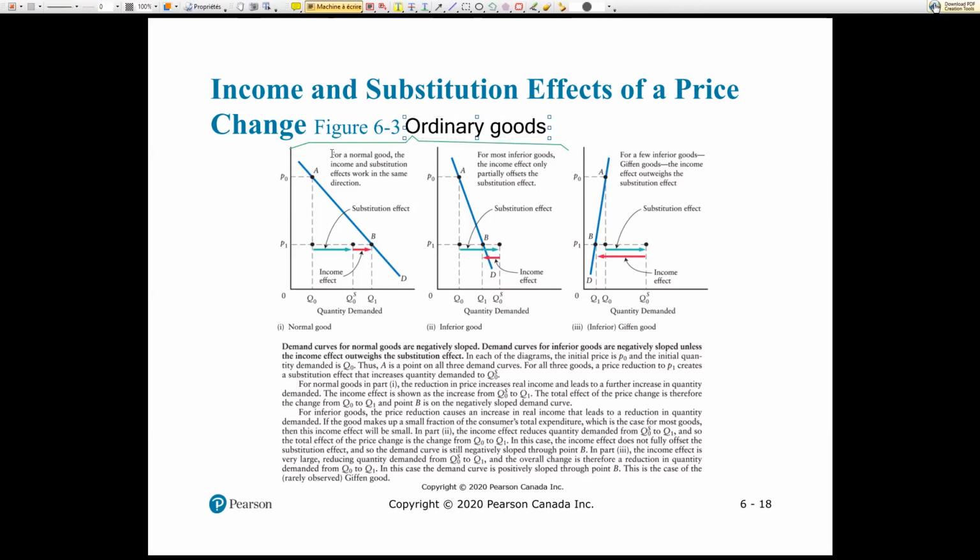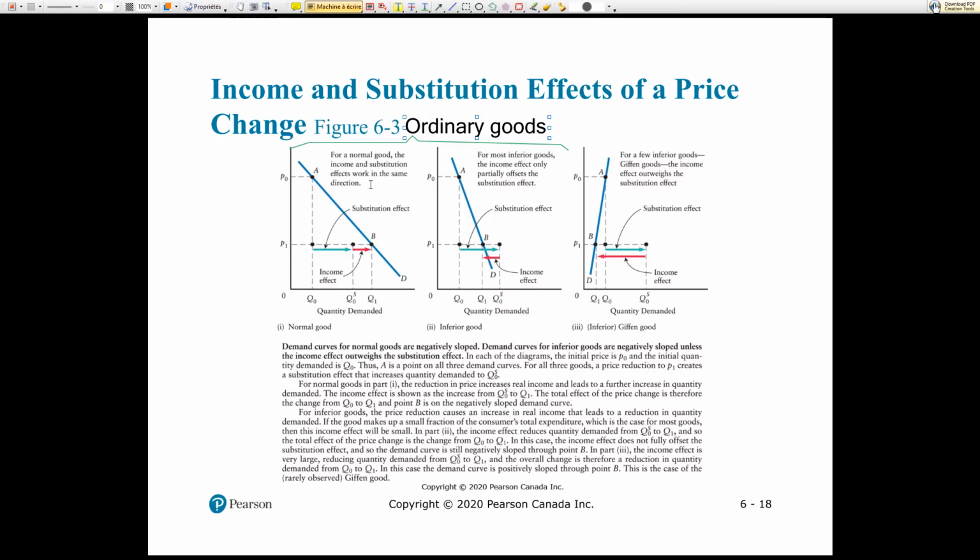Why? Because the demand curve is negative. So when the price goes down, people consume more. Here, though, I have a normal good, because when the price goes down, I have more disposable income. So it means that the income effect in red there is positive. So I will consume more.